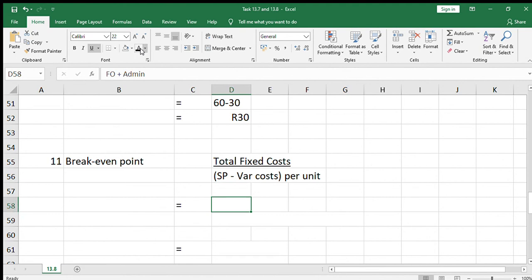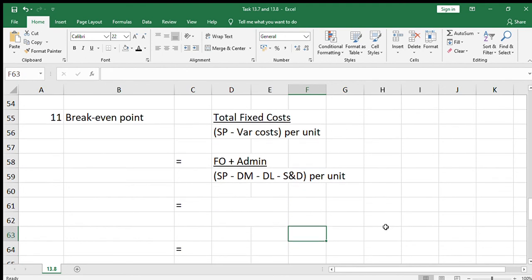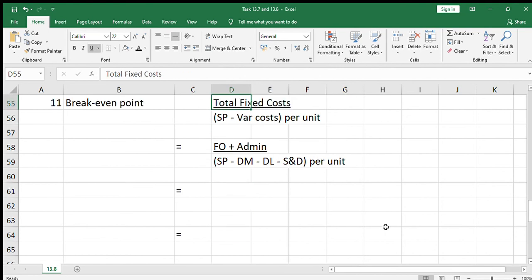Our total fixed costs will be fixed factory overheads plus administration, and then we have selling price minus direct material minus direct labor minus selling and distribution per unit. Now in this question we've already done all of these calculations, so we don't actually have to redo them here. But I'm just going to do it here as if we hadn't done those calculations above, because actually in exams you wouldn't have done all of that.